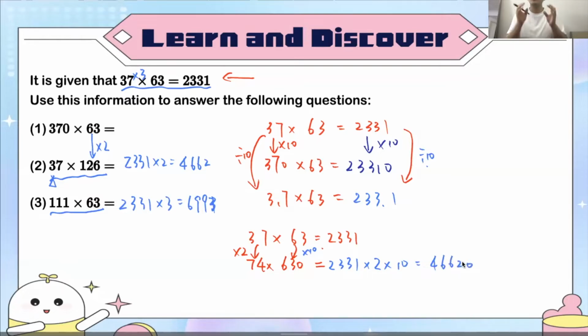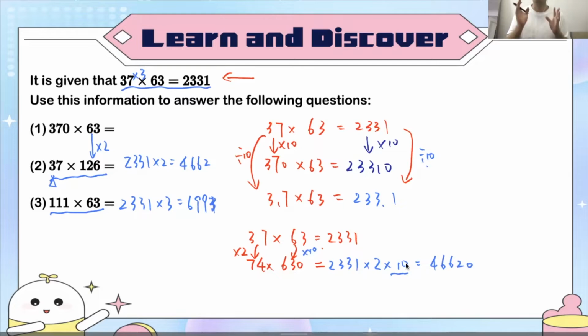So when we change both multipliers, to quickly find the answer we combine those two changes on the product. If we do another change, we just combine another change on this product.